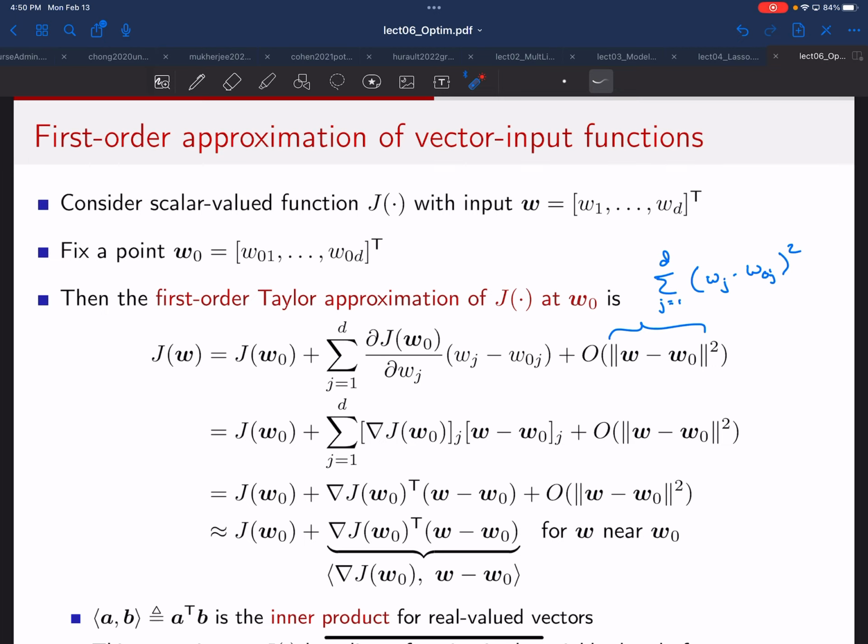A list of numbers is one way you can make a vector, but you can also make a vector space out of matrices, where the vectors in the space are all matrix valued. You can make a vector space out of functions, where the different elements in the space are functions. So vector spaces are a general notion.